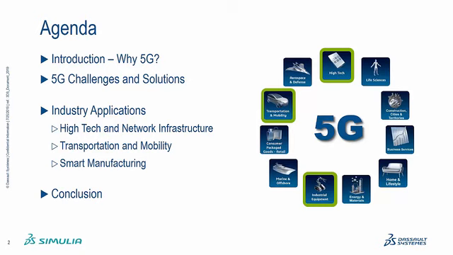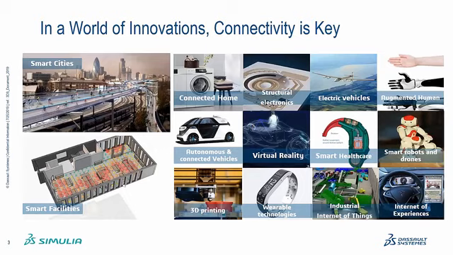So really, connectivity is the key to modern innovation. And these are some examples of innovation that are shaping the future at the moment. All the way from things like smart manufacturing to the smart city, where multiple data streams are optimizing efficiency and sustainability in real time. And all of these applications you can see here have in common the dependence on electronics and electromagnetics to provide the communication links.